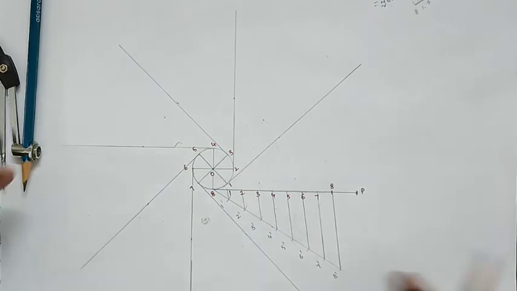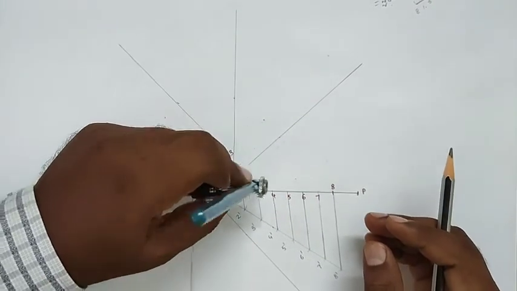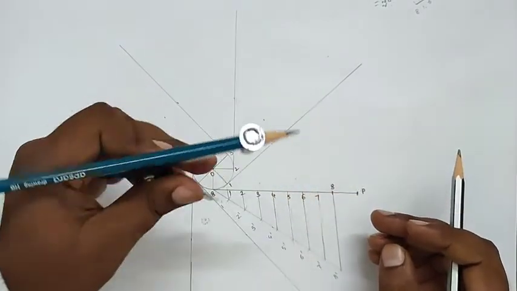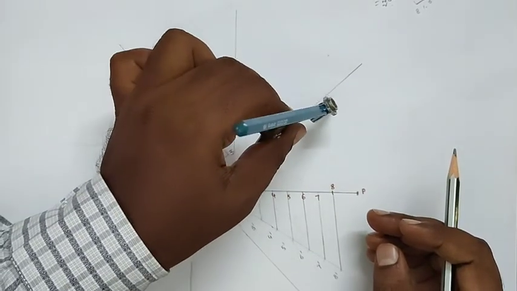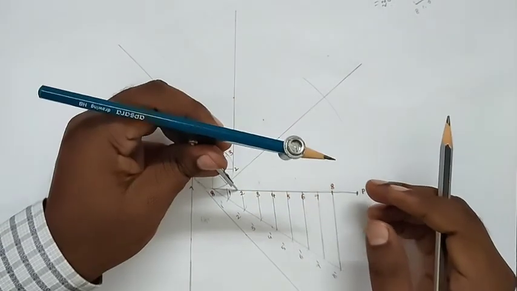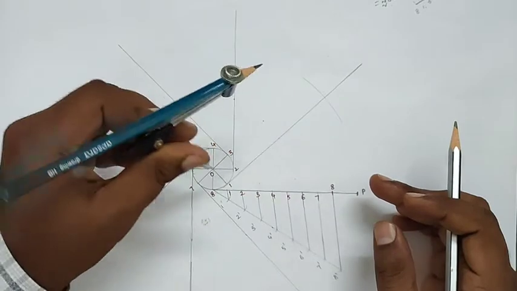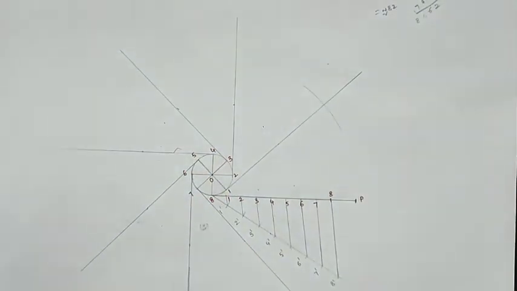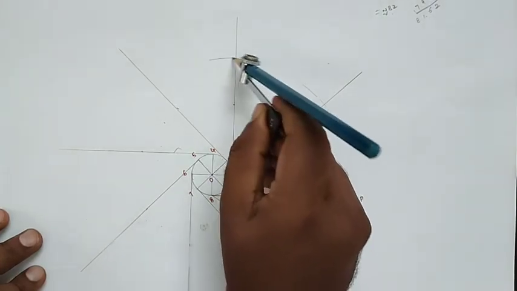After drawing the tangential lines, measure the line length of 1 to P. With 1 as the center and 1P as the radius, draw the arc. Similarly, measure the 2 to P line length, with 2 as the center, draw the arc.